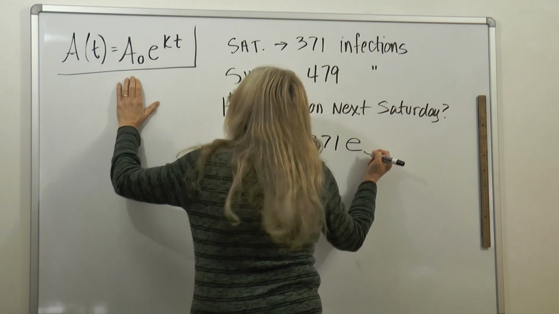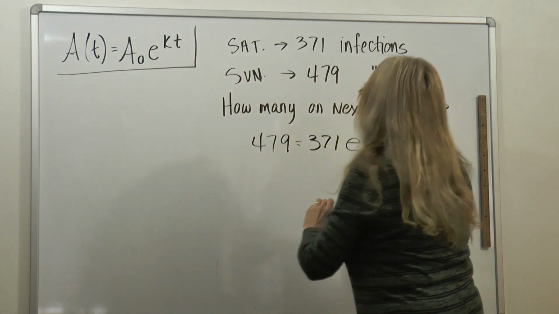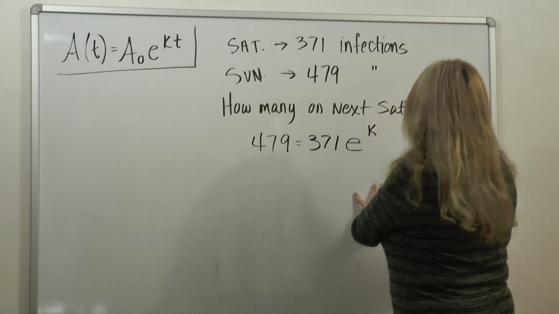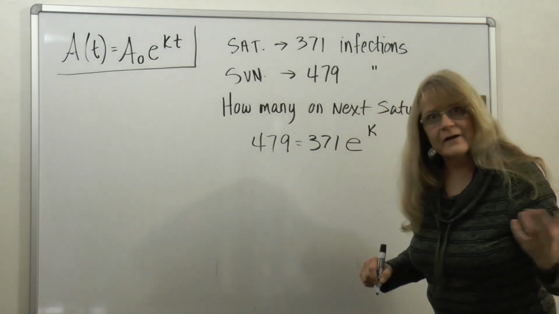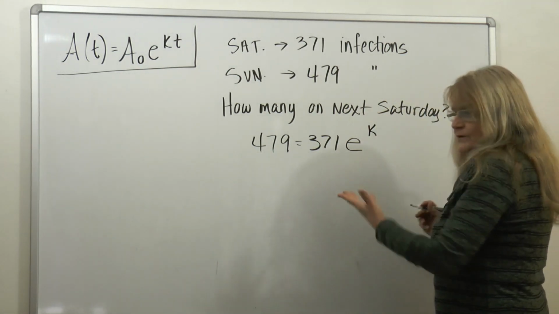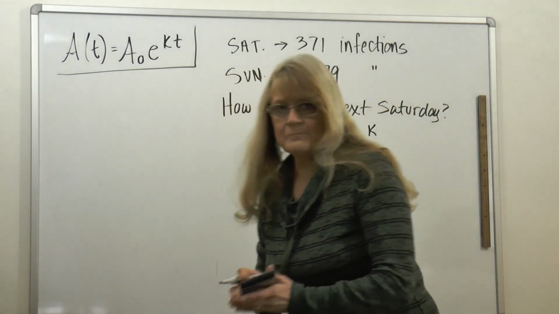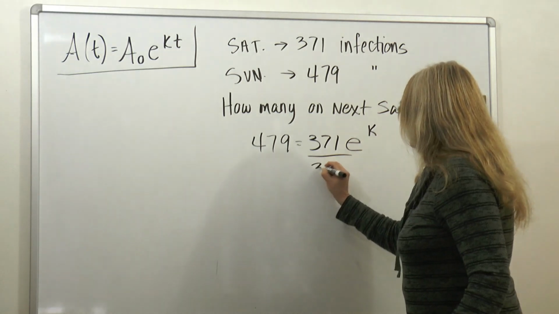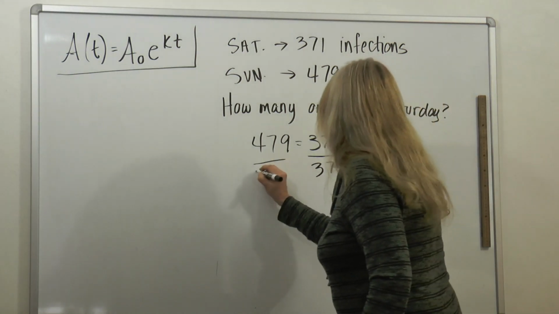I have my e. k is my unknown, and my t is 1 day. So I don't have to put a 1 there, okay? So this is really very simple algebra stuff. So first thing we're going to do is divide both sides by the 371.